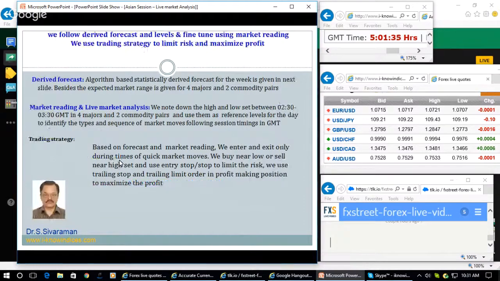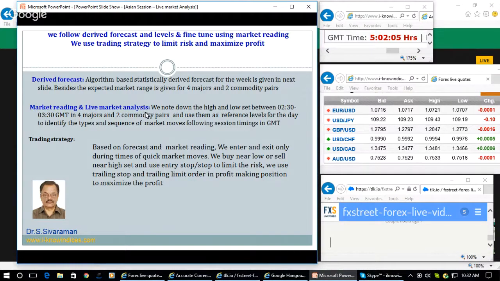As far as my trading system is concerned, there are three components involved: the derived forecast, the market reading, and the trading strategy. The derived forecast I give on Mondays of every week during the Asian session live market analysis webinar, and it is derived from a sequential statistical analysis referred to as an algorithm.